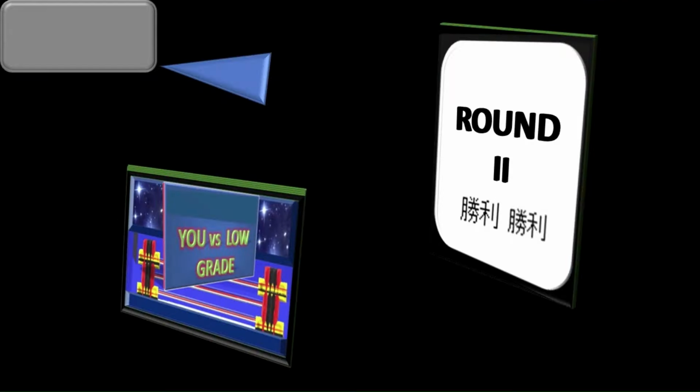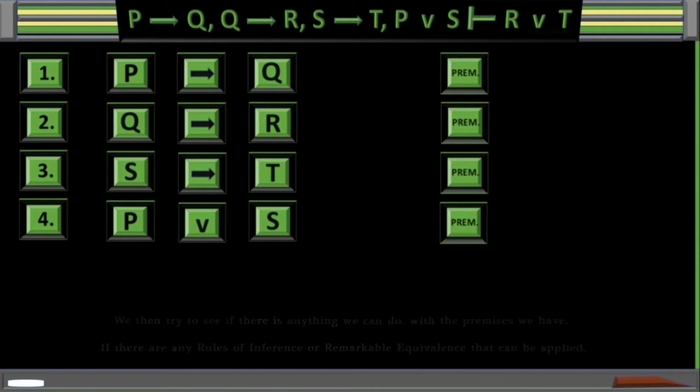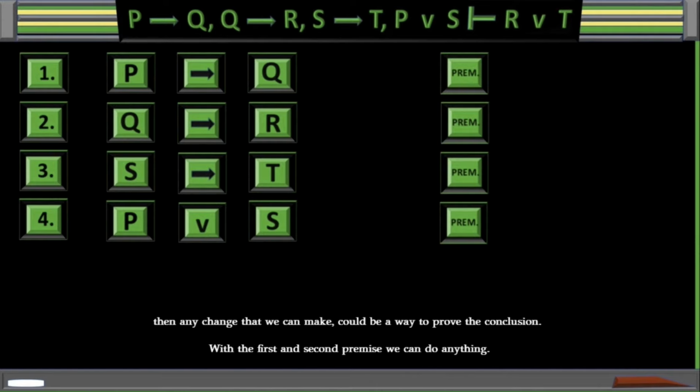Wrong move. We then try to see if there is anything we can do with the premises we have. If there are any rules of inference or remarkable equivalences that can be applied, then any change that we can make could be a way to prove the conclusion.